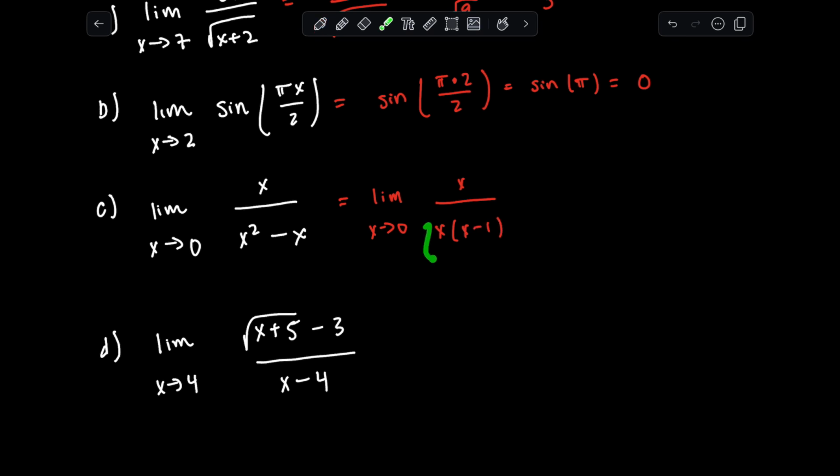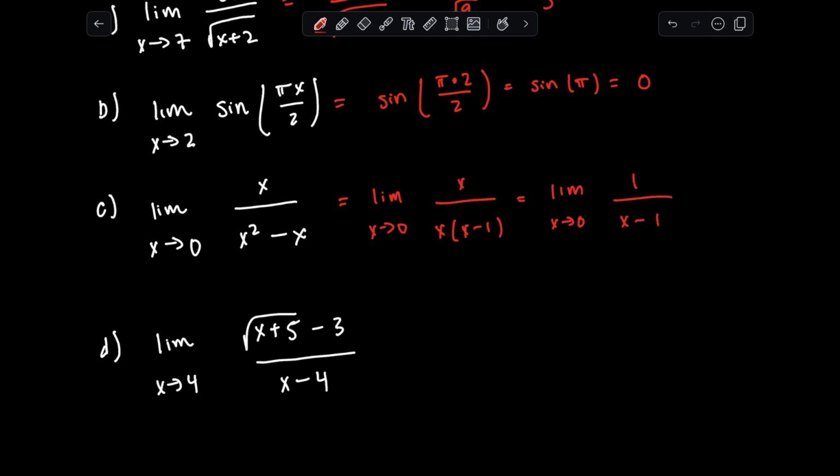Notice that this expression is the same thing as the original, but the only difference is that we've written it in factored format. Now that we have this format, notice that both the numerator and denominator have this x term in common, so you can cancel them out, and by doing this, we get the following expression: the limit as x approaches 0 of 1 over x minus 1.